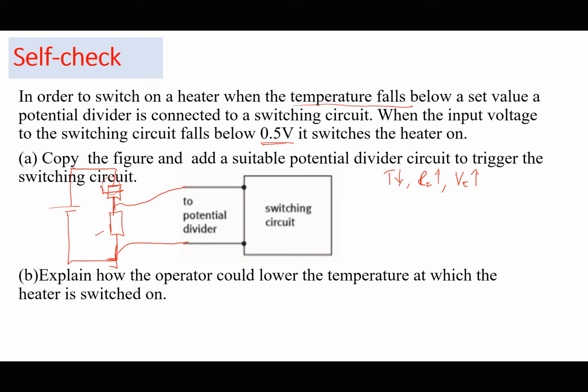So I'll put a thermistor here. So that is where my thermistor is. So here I'll put a fixed resistor. Because when the temperature falls, the resistance of the thermistor increases, the PD across the thermistor increases. So it means the PD of the fixed resistor decreases, and when it reaches 0.5 volts, it switches the heater on.